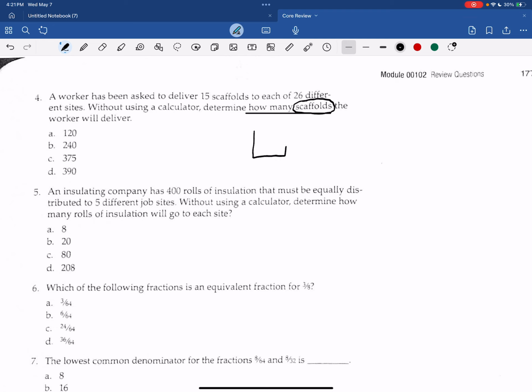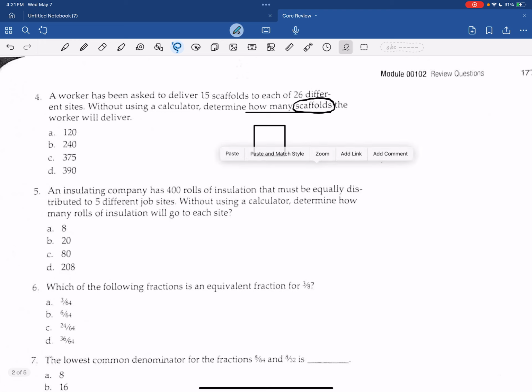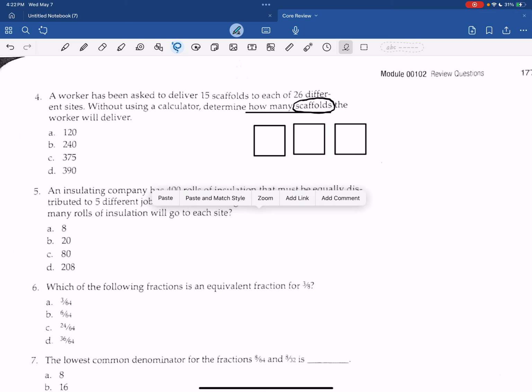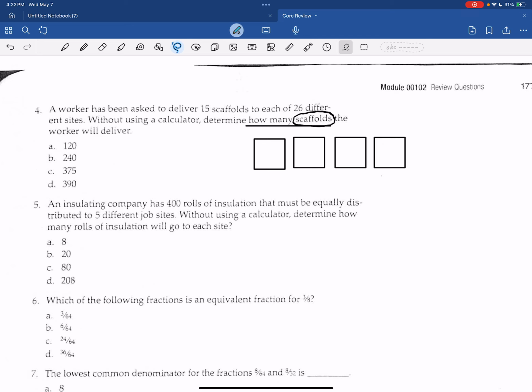So I'm going to draw not 26 of them. Let me try to just make a copy because I want you to see exactly what's happening here. Organizing is the key. If you organize, you can solve any problem that they throw at you. But it takes practice. Let me do one more. These are sites, and there would be 26 of them.